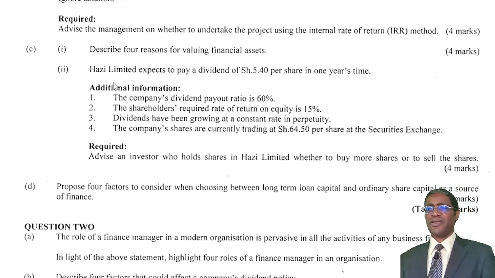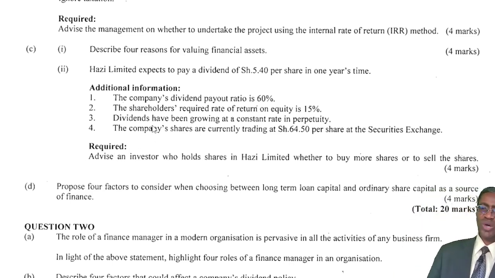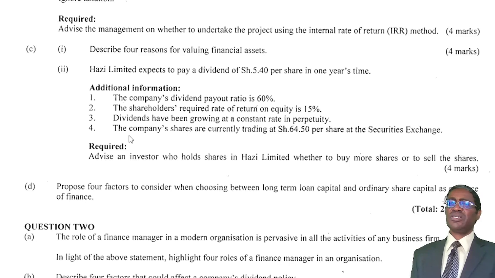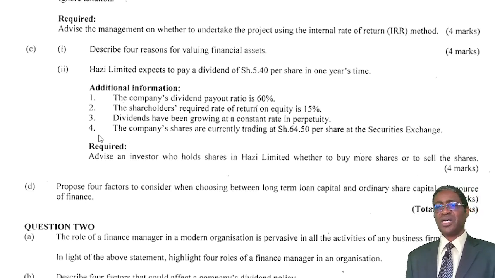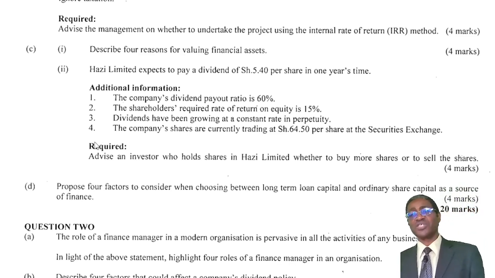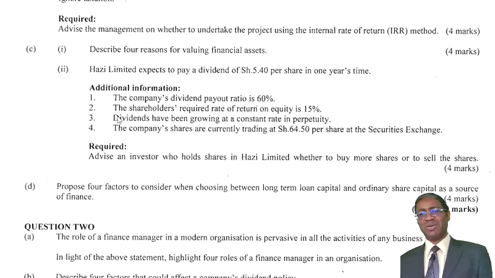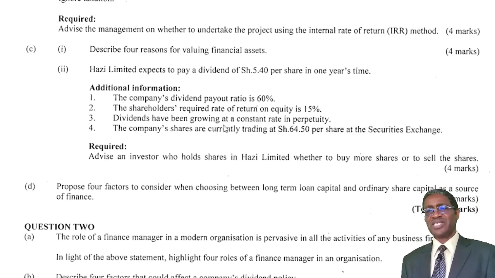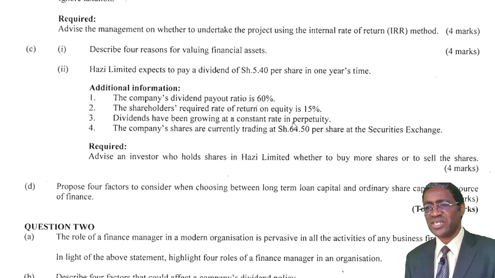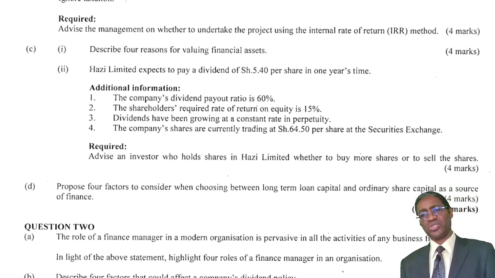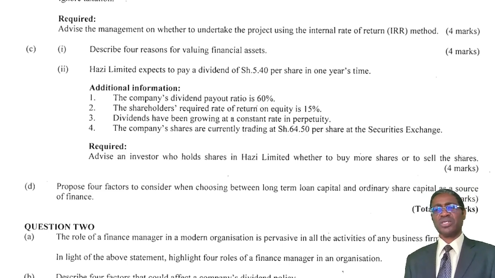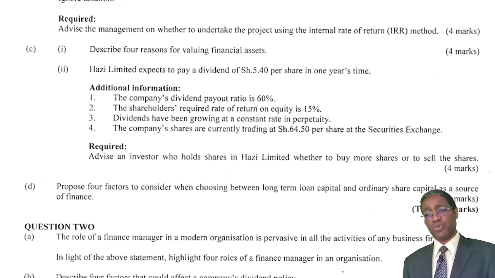So here is a question where we want to value the ordinary shares based on which method? Again, this is a constant dividend growth. Remember, note number 3 says dividends have been growing at a constant rate into perpetuity. So again, this question wants us to use the second approach.